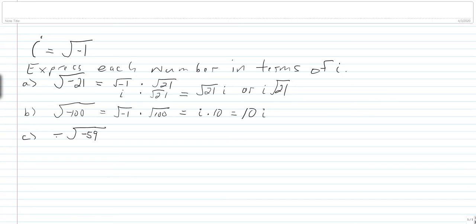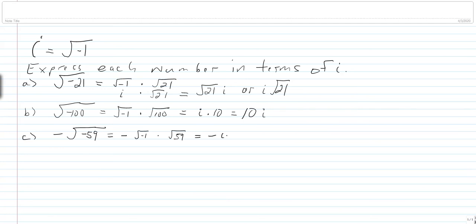So this is negative square root of -59. Now that negative sign in front stays. I'm going to rewrite that. And now rewrite the square root of -59 as the square root of -1 times the square root of 59.